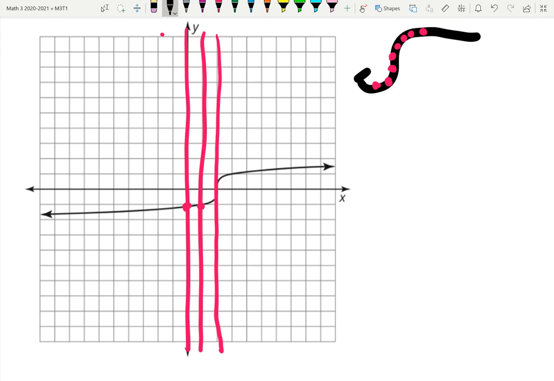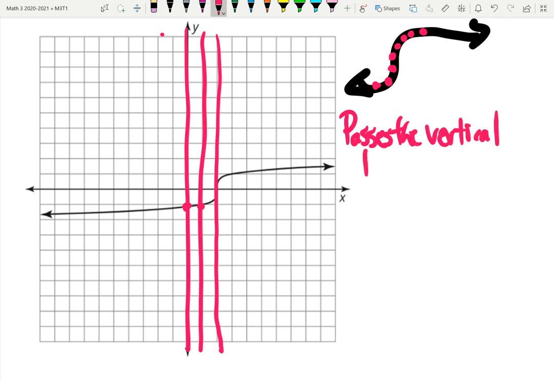So this guy passes the vertical line test. And this means it is a function.